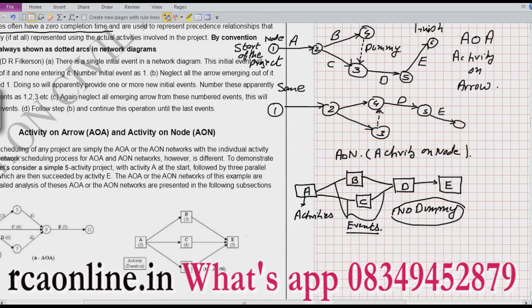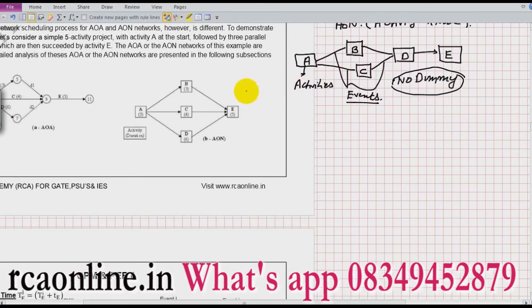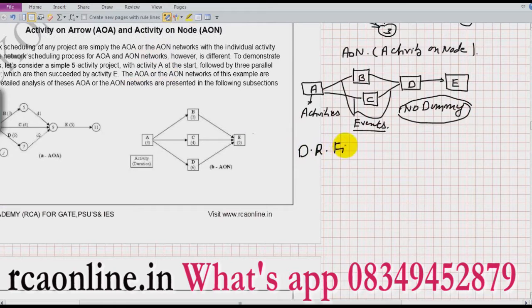Now, how to number? So we have one rule, Dr. Fulkerson rule for numbering the events. Okay, so it is a very simple rule.